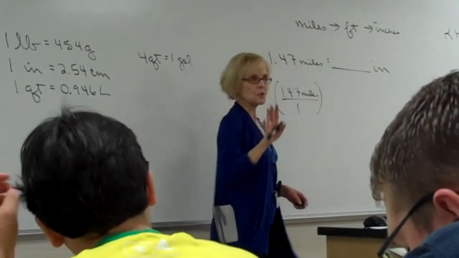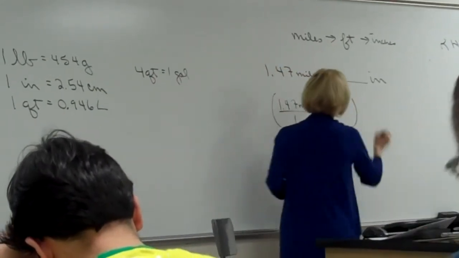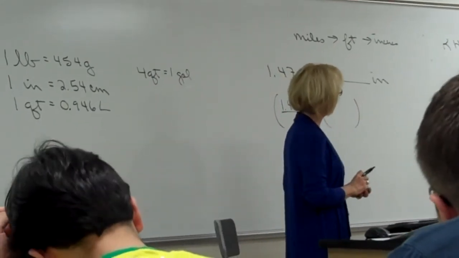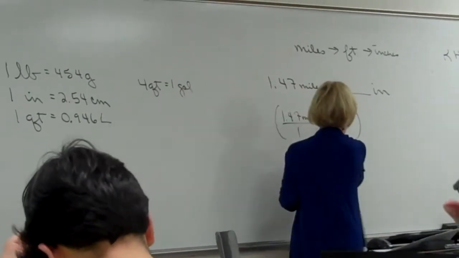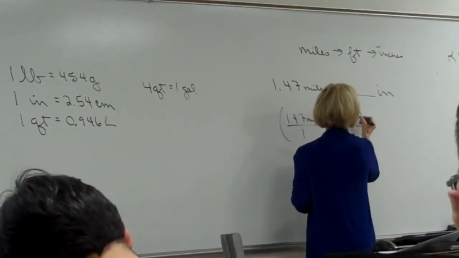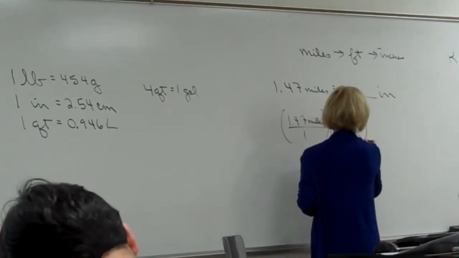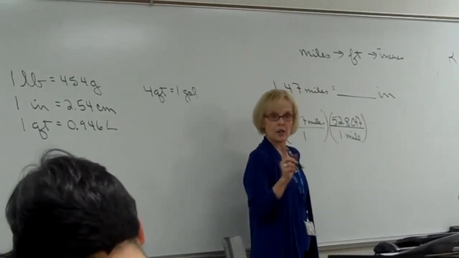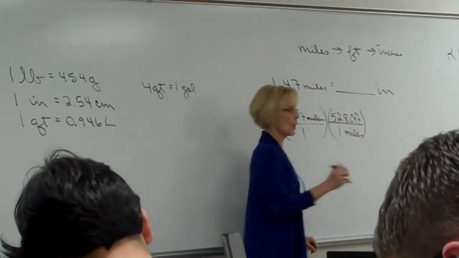Put that over 1 for safety, just so numerators and denominators are clear. Okay, how do I get myself into feet? You do 5,280 feet over 1 mile. And when you check that, miles and miles cancel, so she's told us the right thing.